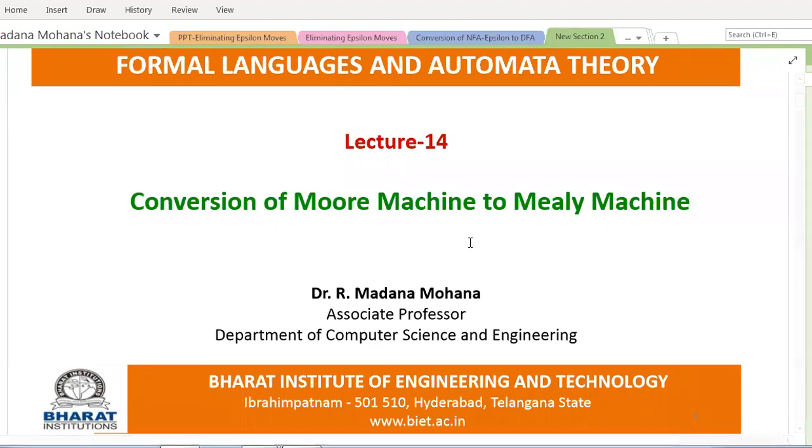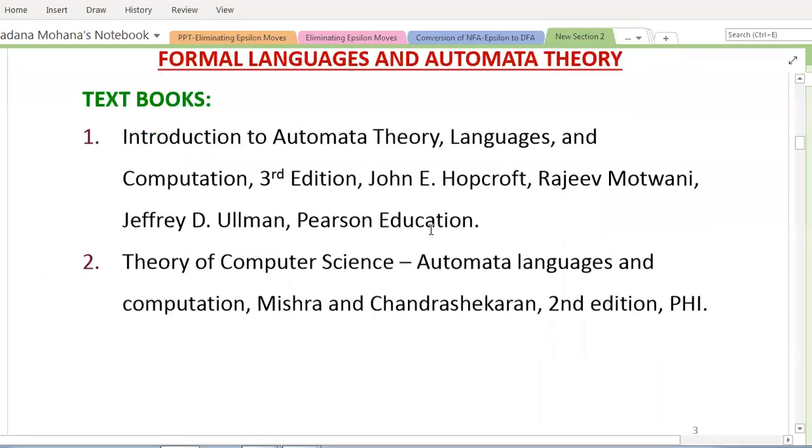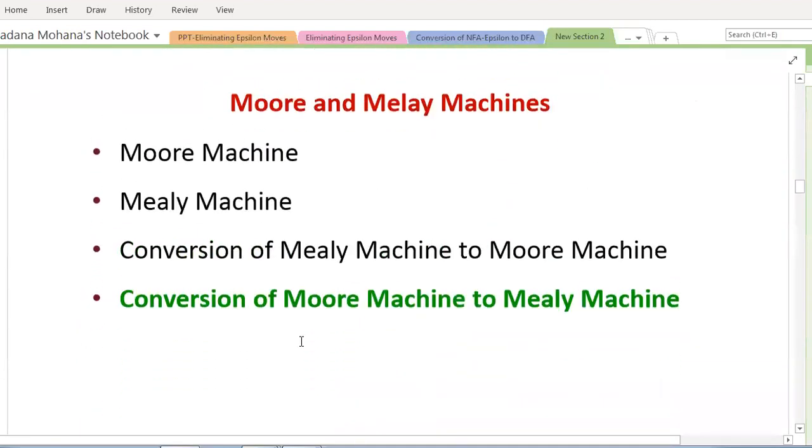In our previous lecture, we discussed what is finite automata with output, then what is Moore machine, then what is Mealy machine, then how to define Moore and Mealy machines formally, then examples of Moore and Mealy machines, then equivalence of Moore and Mealy machine, in which we covered one conversion, that is conversion of Mealy machine to Moore machine.